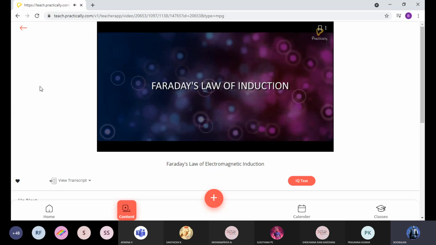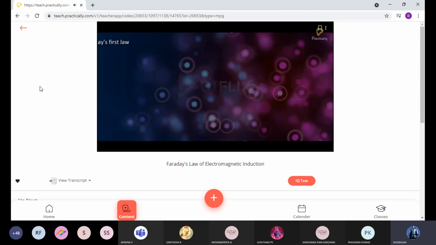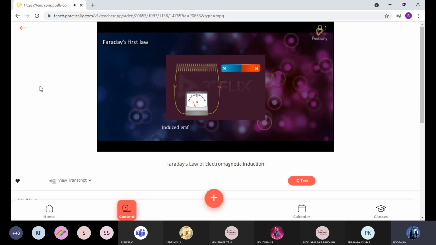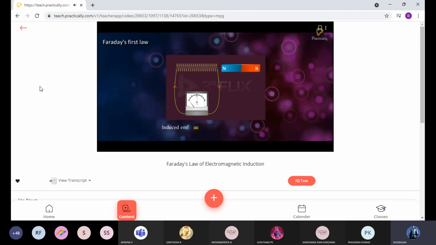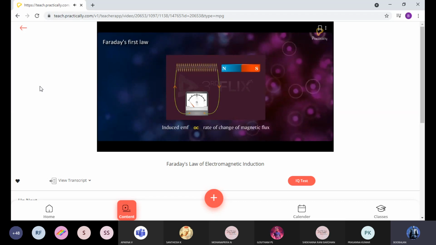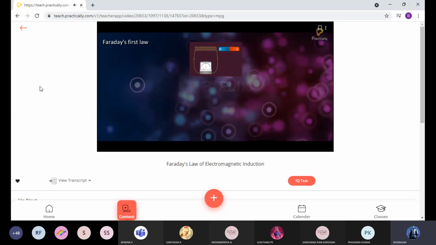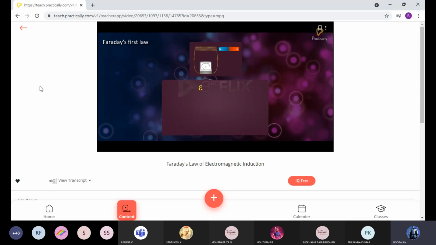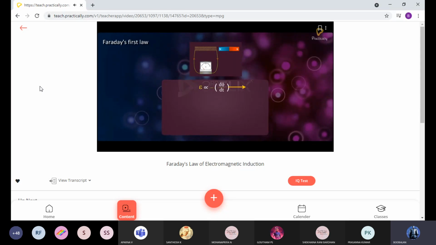Faraday's law of induction. Faraday's first law. The induced EMF produced in the coil is directly proportional to the rate of change of the magnetic flux produced in the coil. Epsilon is proportional to minus d phi by dt.